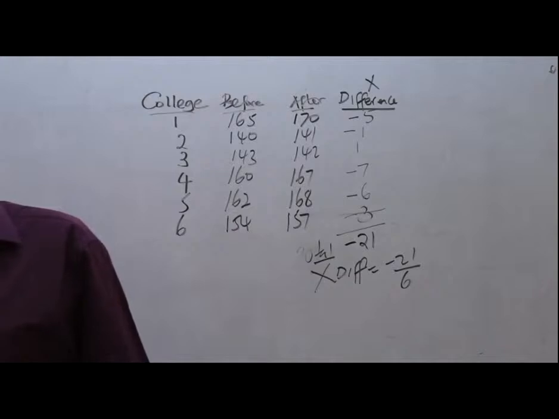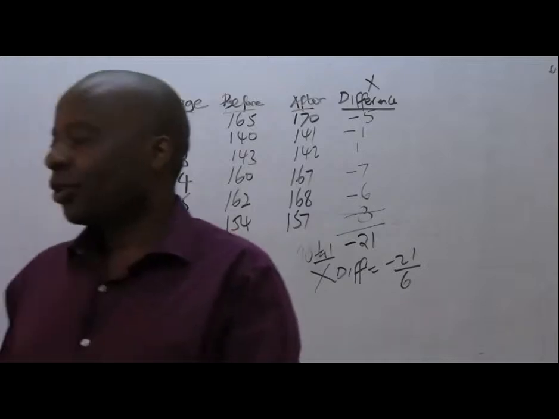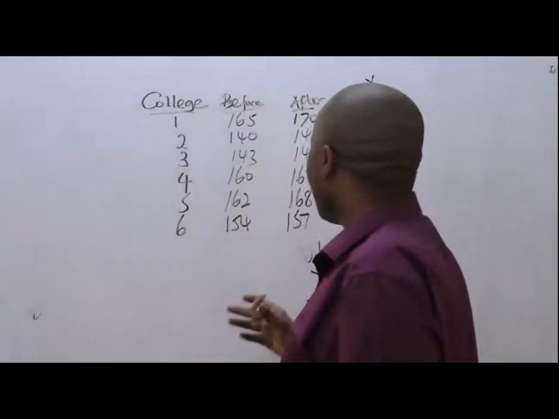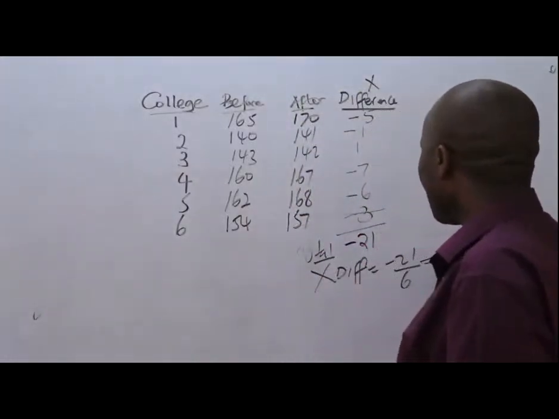X bar is minus 3.5. Thank you very much. So X bar for the differences is minus 3.5.